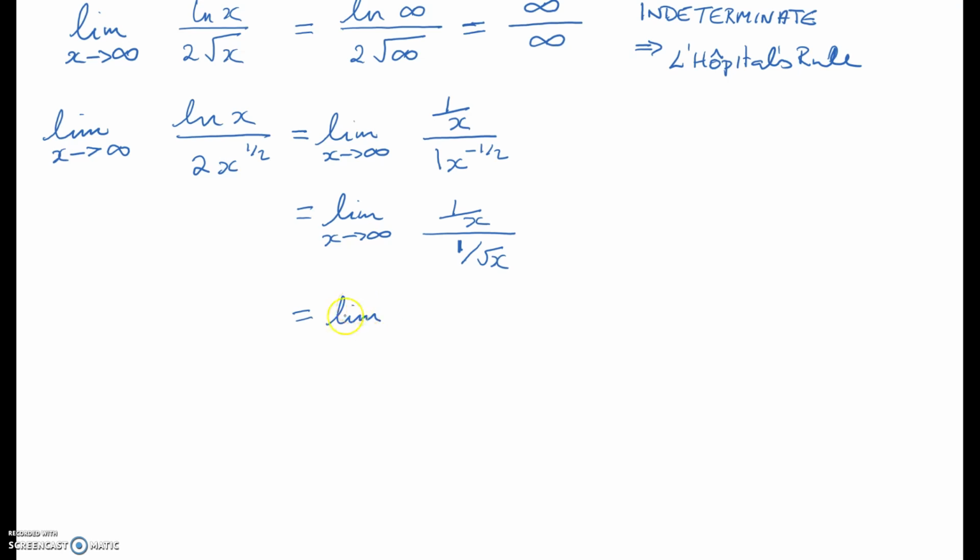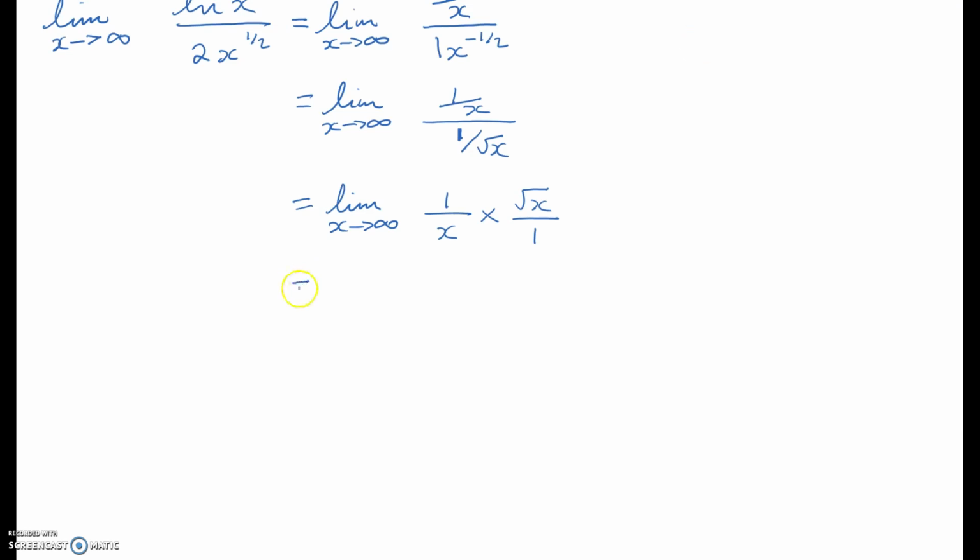Now we've got the limit as x approaches infinity, and this expression, 1 over x divided by 1 over the square root of x, we're dividing by fractions. The way to divide by fractions is to multiply by the reciprocal of what's on the bottom. So 1 over x divided by 1 over root x is the same as 1 over x multiplied by root x over 1.